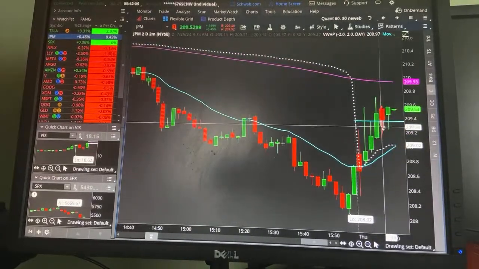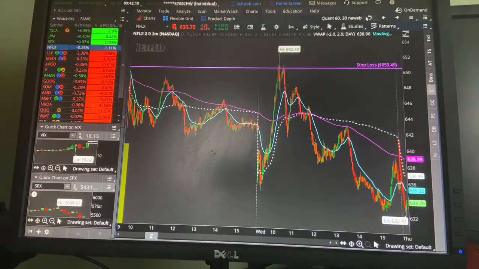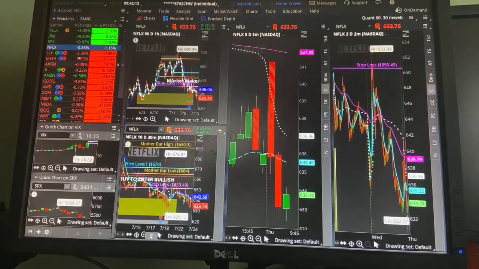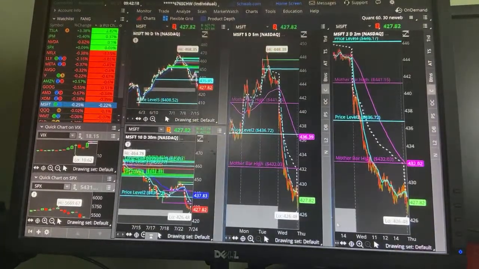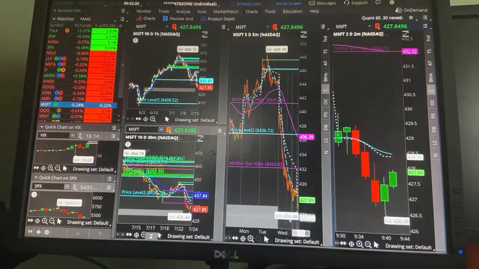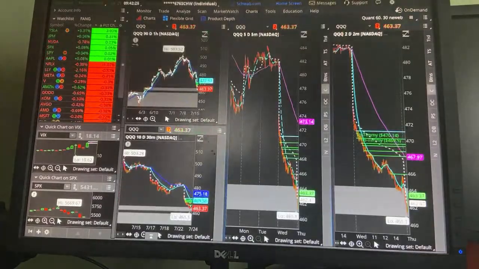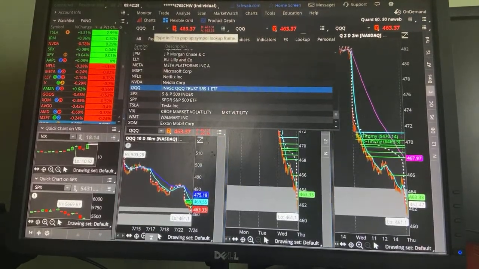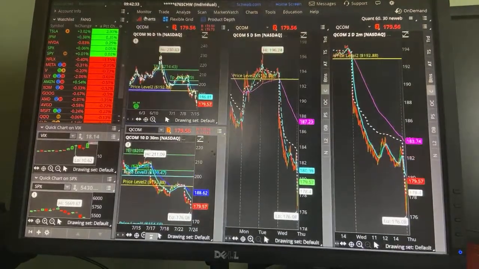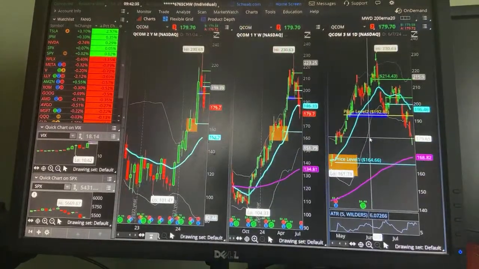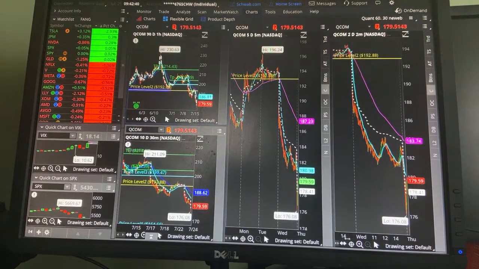All right, JP Morgan trying to chug away there. Let's see. Apple not giving us anything just yet. Meta. Man, I really wanted Microsoft off that level. Let me see. What's QCOM doing? Flushed deeper into that daily.